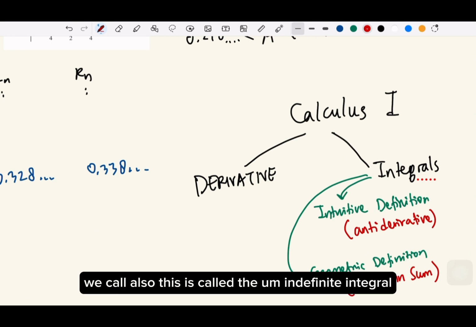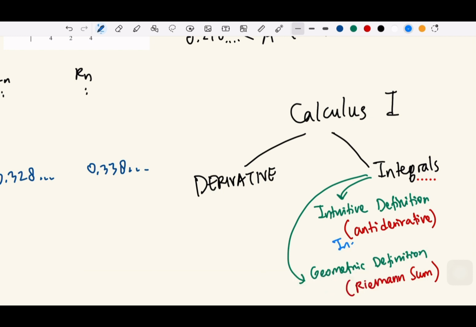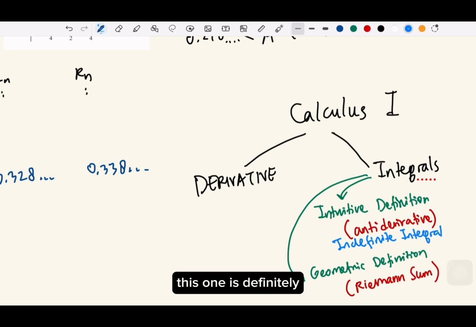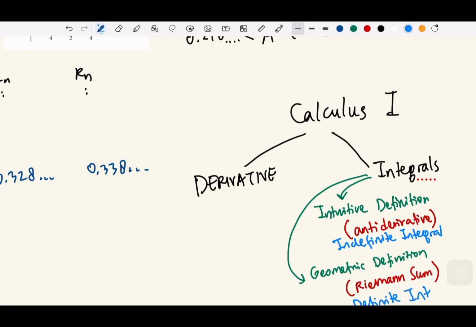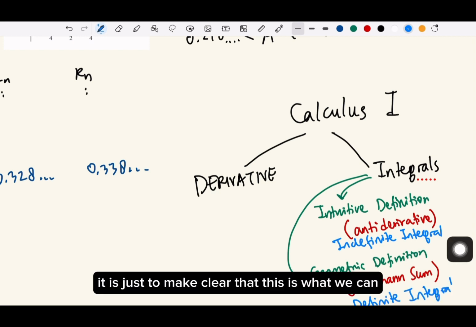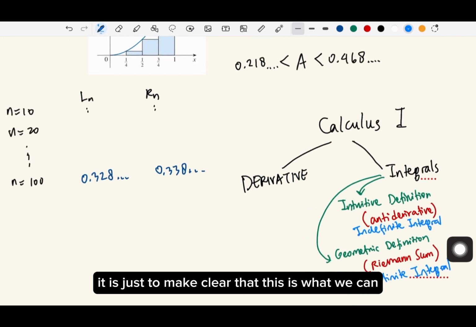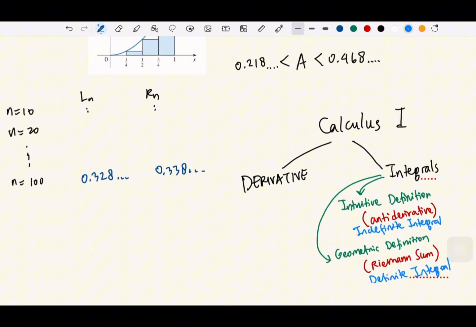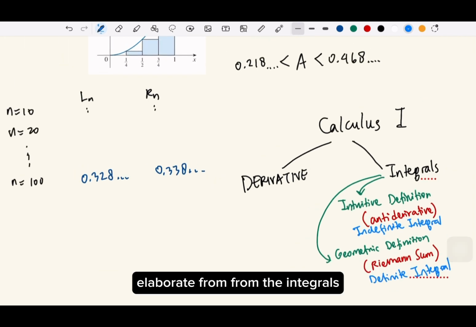This one is the indefinite integral. This one is the definite integral. Just to make clear that this is what we can elaborate from the integrals.